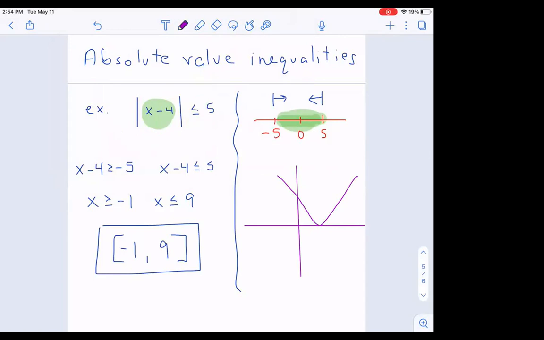Well, let's say 5 is here, and the graph is less than 5 there. It's from -1 to +9. So again, visually if you think of it as a graph, that's why we have those two boundary points.